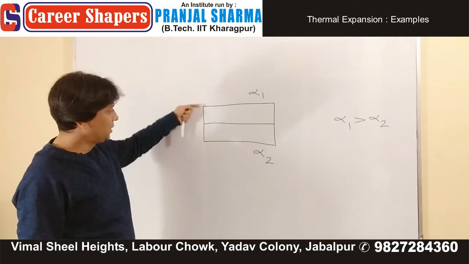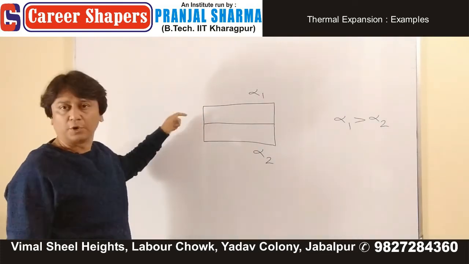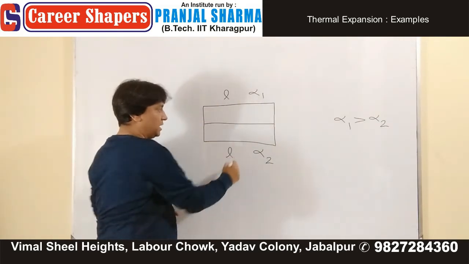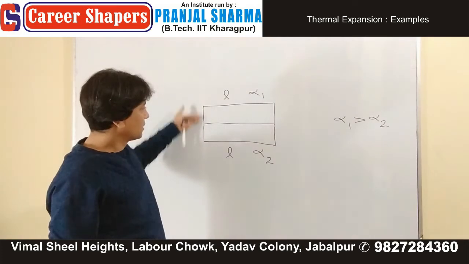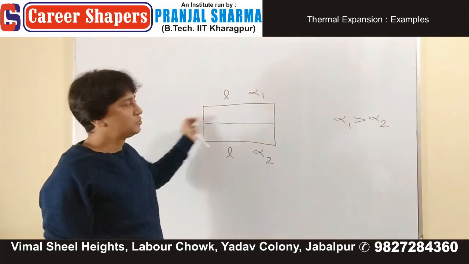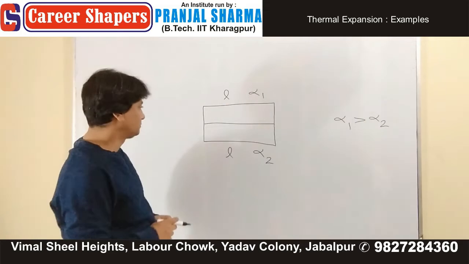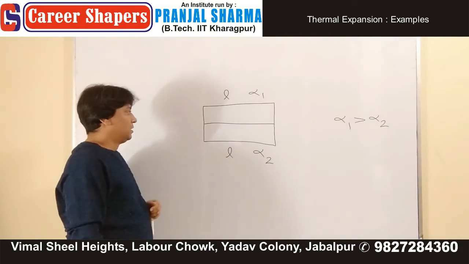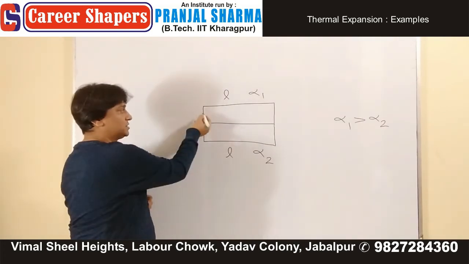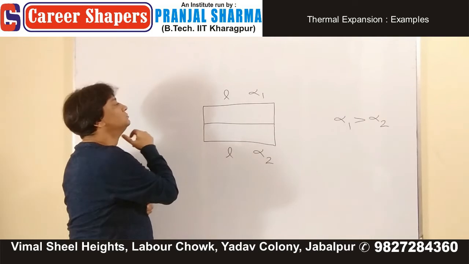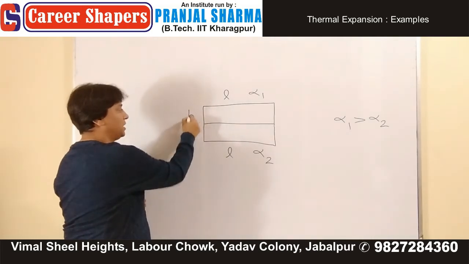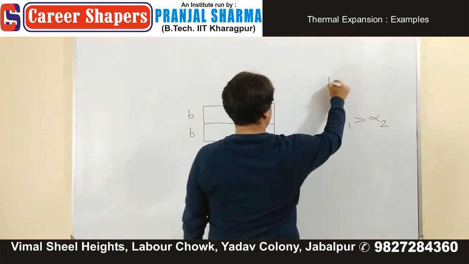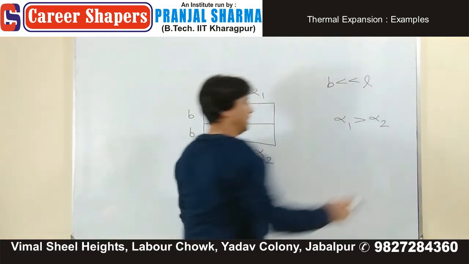Assume that there will be no change in this dimension, or you can say that as compared to length, length is L, the width of these plates, strips, is not comparable to the length of the rod. And let's say this thickness is B, and this is also B, and we have been given that B is much smaller than L.